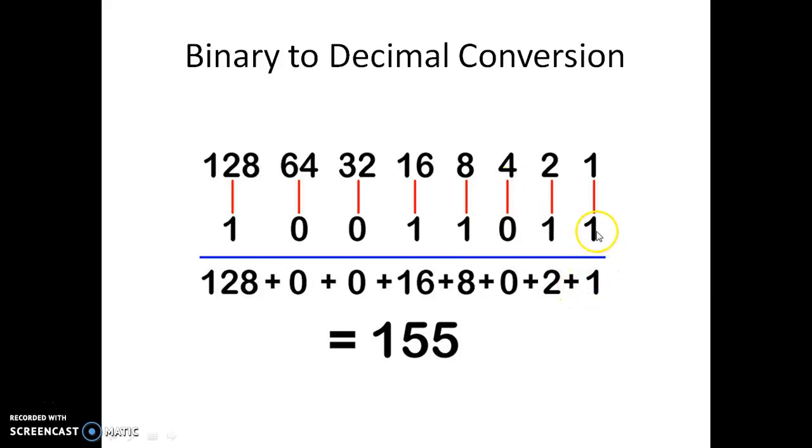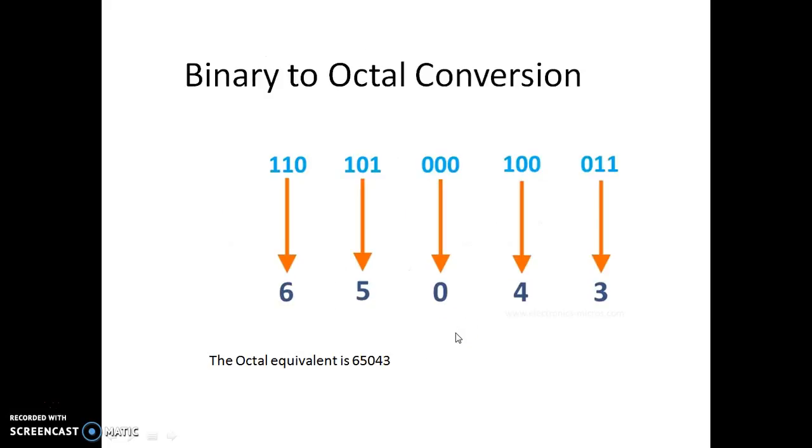See here, in this case, the weightage is 2 raised to 0, that is 1, and the next ones are 2, 4, 8, 16. So the bit is to be multiplied with those weightages, and finally these values are to be added to give the final value of the decimal equivalent.